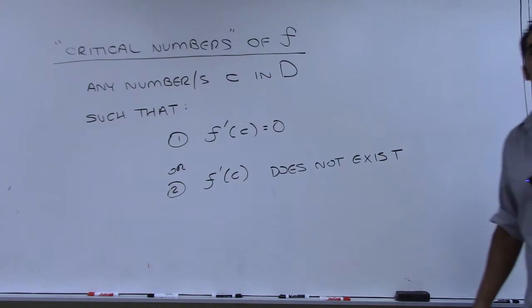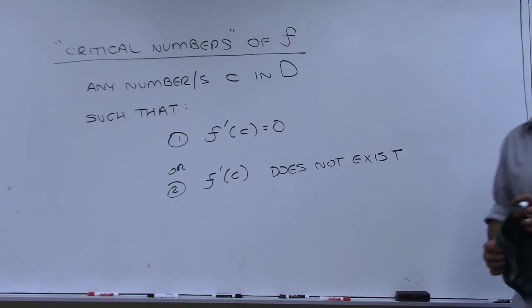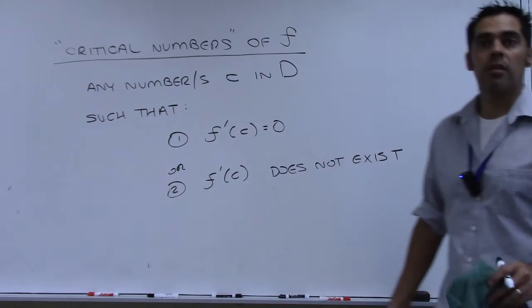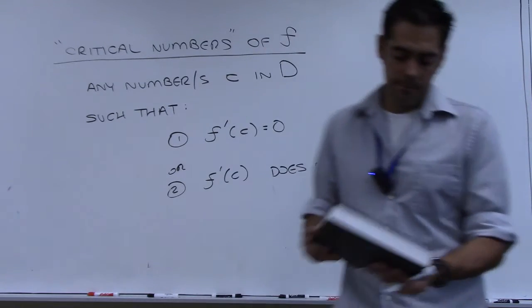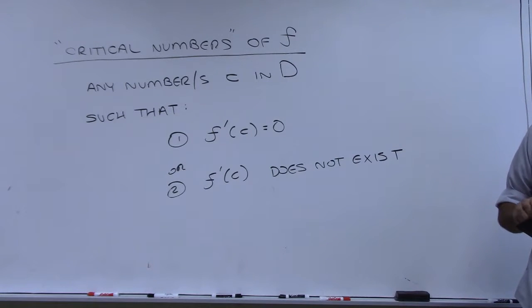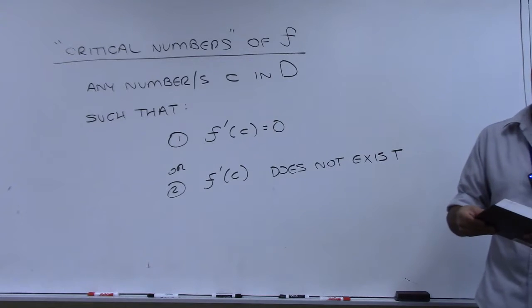So let's look at an example, okay? I'm going to give you an example real quick. We're going to take a look and see if we can determine what the critical numbers of this function are. Just going to pull something out of the exercises.